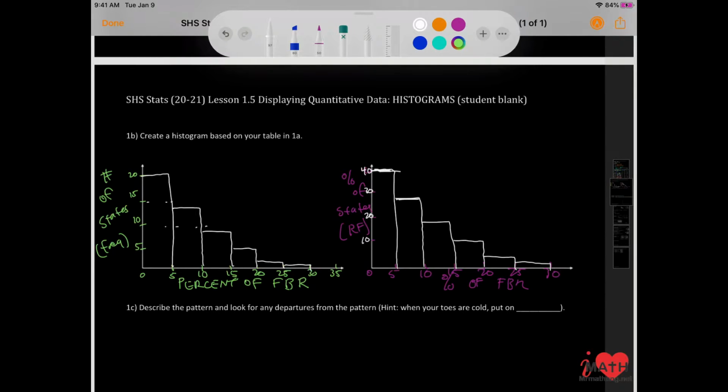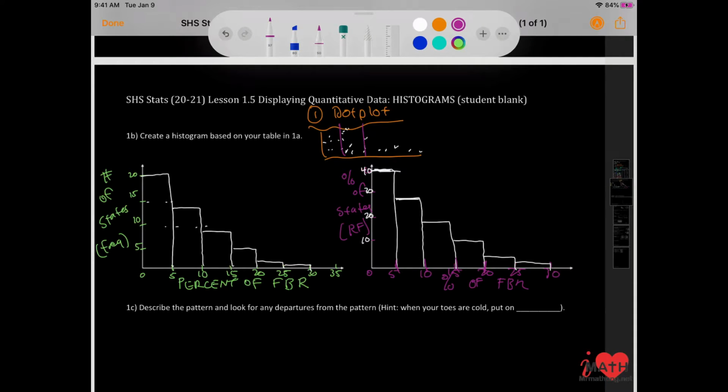Now I wanted to give us a big idea of what we're doing here. If I actually took the data from above, and let's just say we did last week's lesson, let's say you made a dot plot. What might your dot plot look like? It might look something like this. Just drawing something really quick. Let's say you have your dots, and let's just say I put them in bins, like the bins down here.